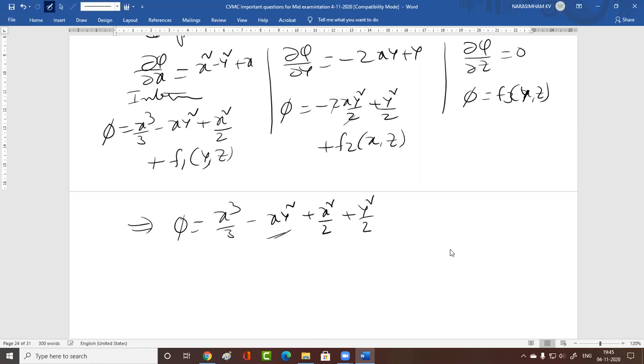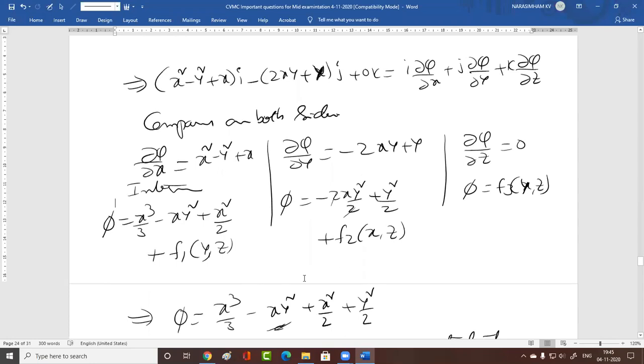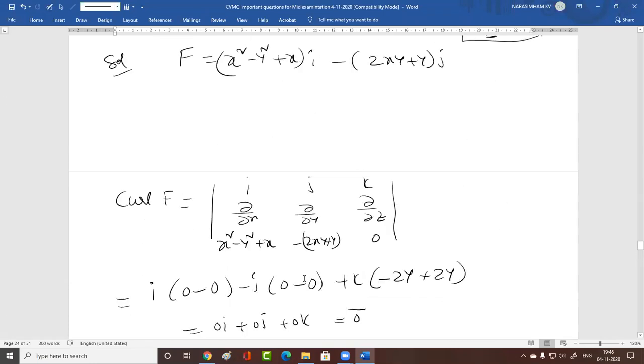This is the required scalar potential. If you have any doubt, find the gradient of phi, and you will directly get the given f. So this is about the third question.